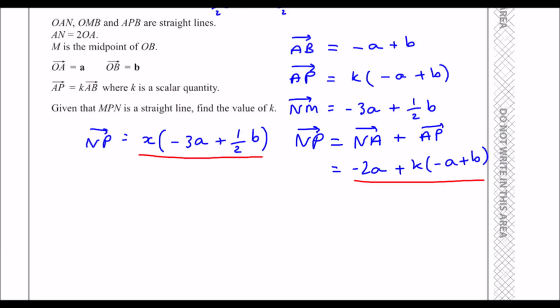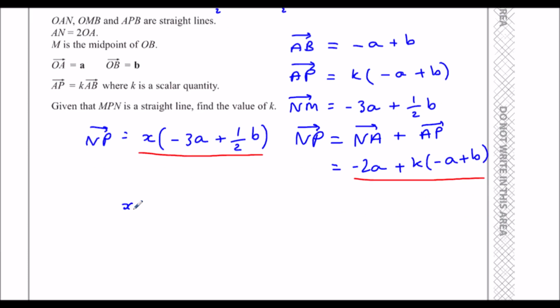So I'm going to write down x times minus 3A plus half B must be equal to minus 2A plus k times minus A plus B.